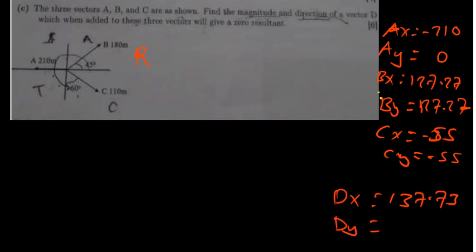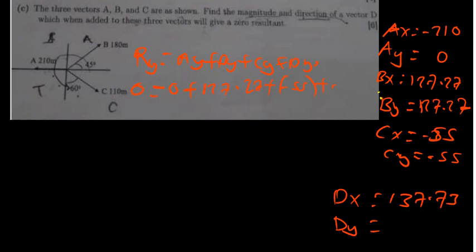Okay. So we have Ry is going to be equal to Ay plus By plus Cy plus Dy. This is 0. Ay is 0. By is 127.27 plus Cy. What is our Cy? Negative 55.